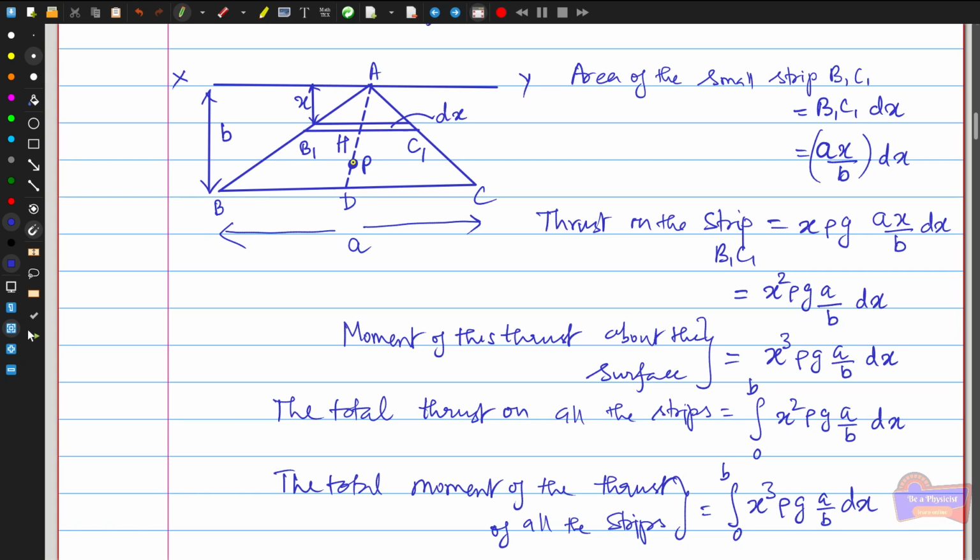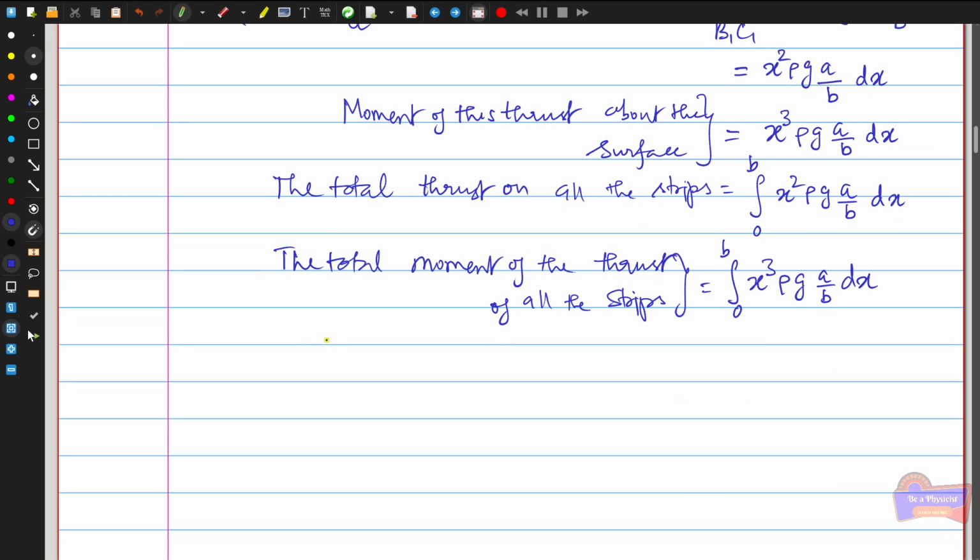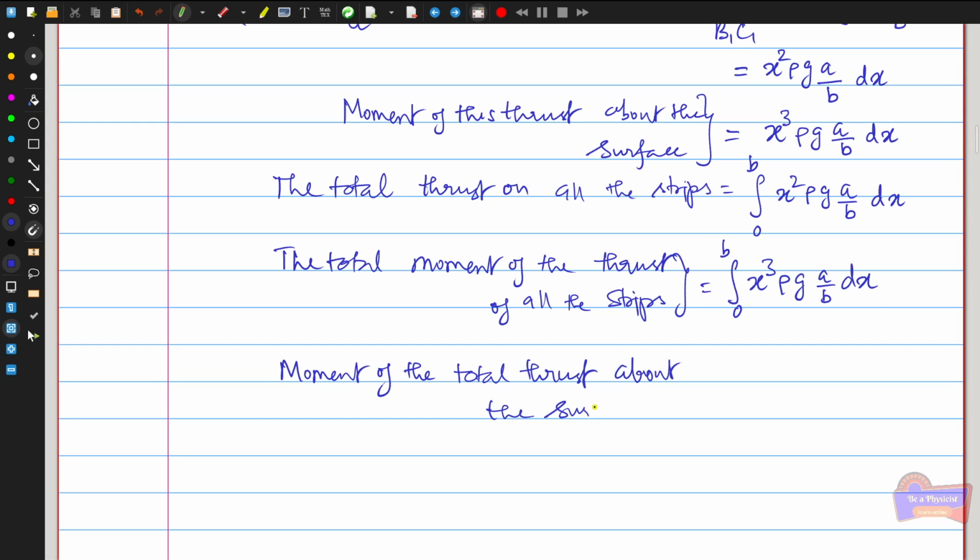Therefore, the moment of the resultant thrust, the total thrust, about the liquid surface can be written as the total thrust multiplied by h, that is h times the integration from 0 to b of x squared rho g a divided by b into dx.